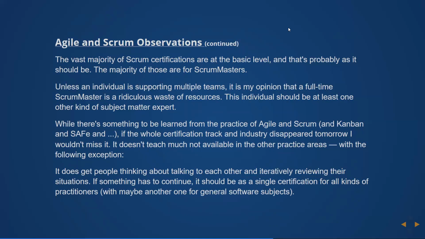And of all the higher level certifications they have, there are only a few thousand of each, literally, and that's probably as it should be. I think that a Scrum Master should be somebody who's serving another role and doesn't do Scrum Mastering full time, unless they're supporting multiple teams and acting as a coach.